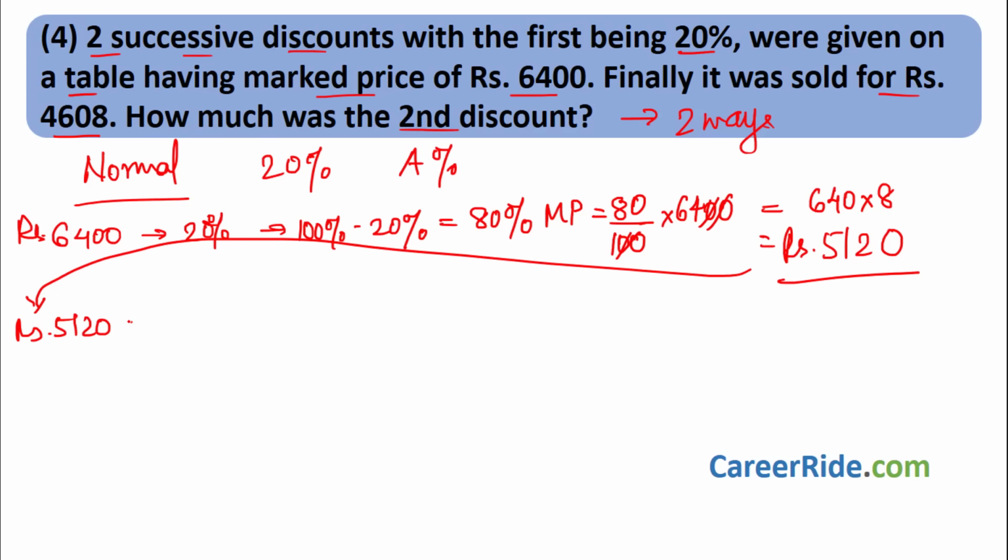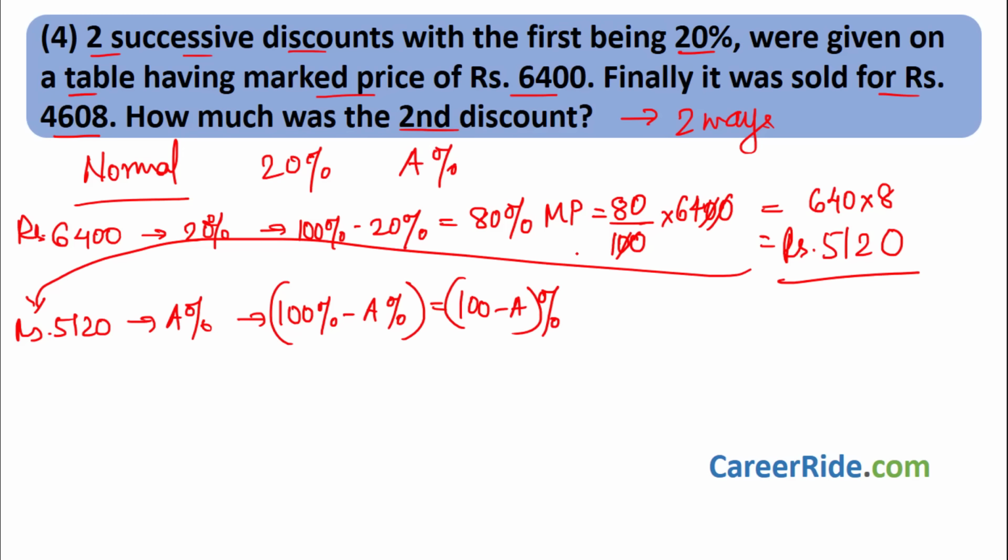Now the second discount that is given is A percentage, right? So what is the price that the person has to pay after A% discount? That would be 100% minus A%, right? This is the price the person has to pay. 100 minus A% is the price after A% discount, and it is 100 minus A% of the new price.